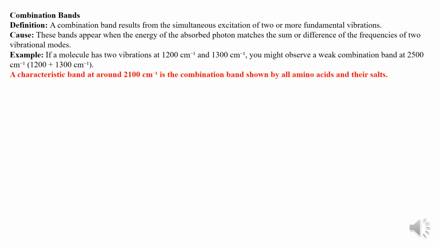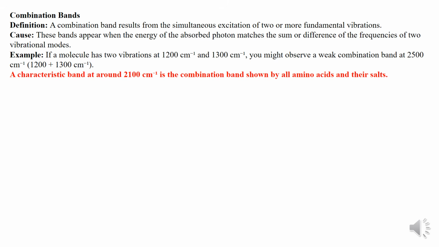And what about the combination bands? Now, a combination band usually results from the simultaneous excitation of two or more fundamental vibrations. And these bands appear when the energy of the absorbed photon matches the sum or difference of the frequencies of two vibrational modes. Say, for example, if a molecule has two vibrations at 1200 and 1300 centimeter inverse, giving rise to peaks at these respective wave numbers, you might also observe a weak combination band at 2500 centimeter inverse.